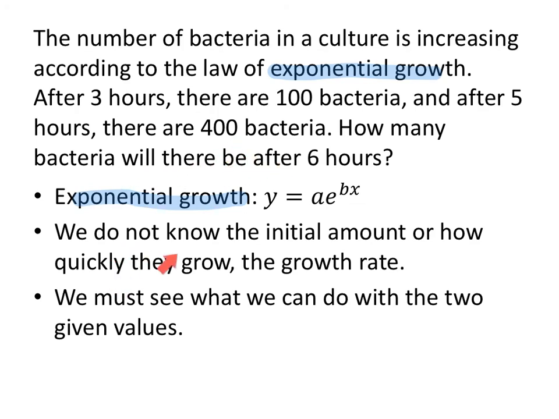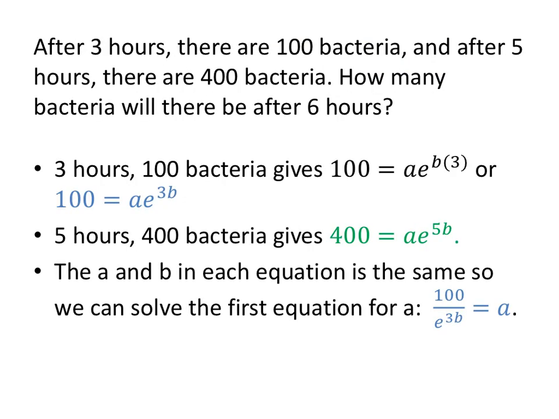Alright, so we don't know the initial amount or how quickly they grow, the growth rate B. We must see what we can do with the two given values. 3 hours, 100 bacteria. 5 hours, 400 bacteria. Hold on. We're going to do some algebra here. So after 3 hours, 100 bacteria gives the equation 100 equals AE to the 3b, right?